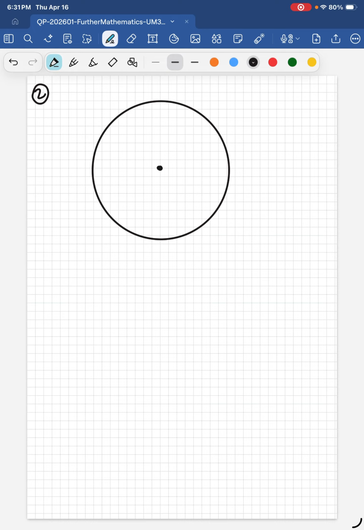So that's the center of the Earth. The radius is r, and the particle is over here at the distance x.